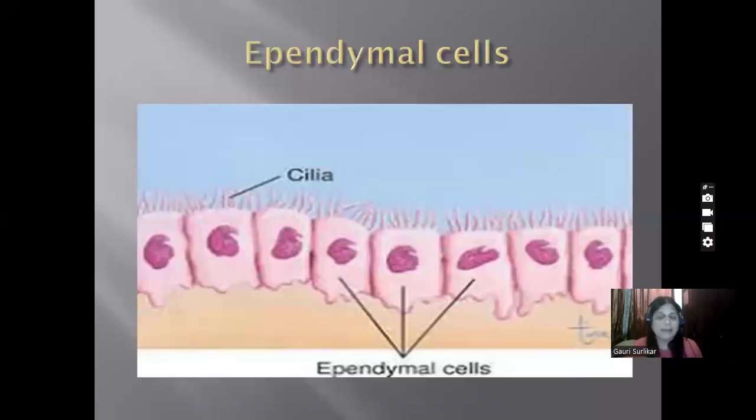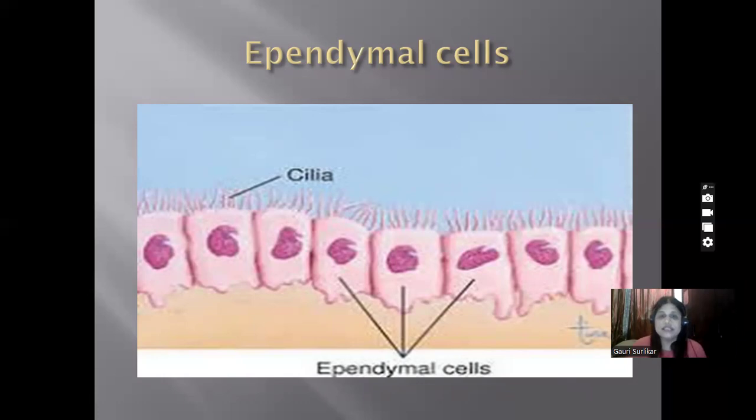Then the fourth is ependymal cells. Ependymal cells are another type of glial cells. They are also found in the CNS, and their function is secretion of CSF. You know CSF? CSF is cerebrospinal fluid. It's a fluid which looks like water, which is present in the ventricles of the brain and also in the central canal of the spinal cord.